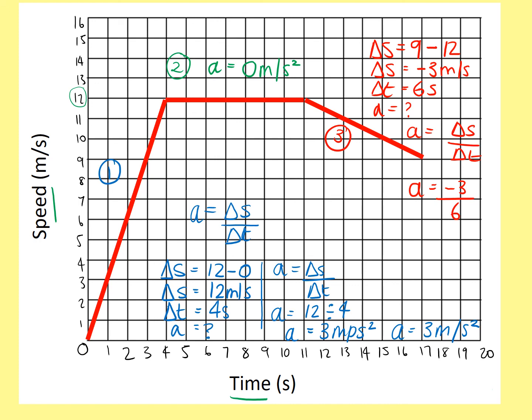And that gives me an acceleration of minus 0.5 meters per second squared. Now this minus tells me that it's slowing down. It's not speeding up, it's not actually accelerating, it's decelerating. But we can call that a negative acceleration.